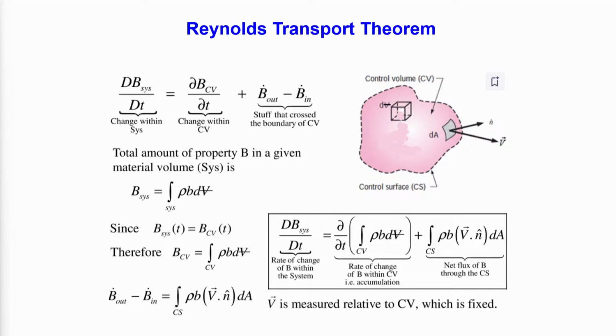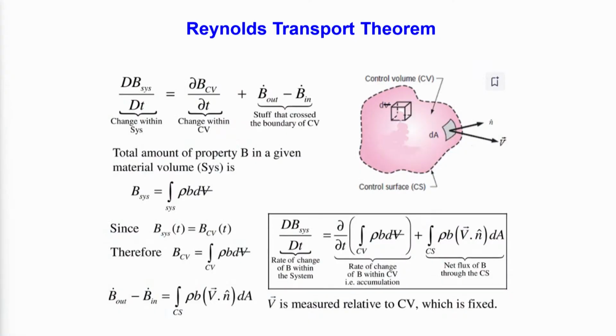Now, capital B you can integrate over the volume. If you substitute that, outflow minus inflow you can write in terms of a flux. V dot n is the normal component of velocity over the area dA. That is the flow rate, that means velocity in the normal direction times dA.